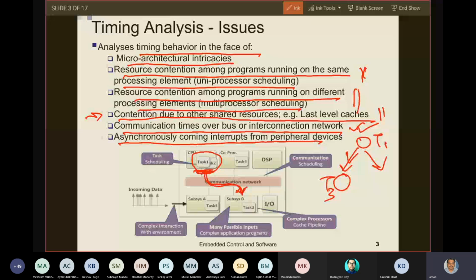And therefore, whenever task 1 needs to send this data to task 3, the bus should be available for that transfer, or I have to schedule that transfer of this data on the bus in such a way that the end-to-end time goals of the tasks are not violated. Because until task 3 gets the data, task 3 will wait, it cannot start.